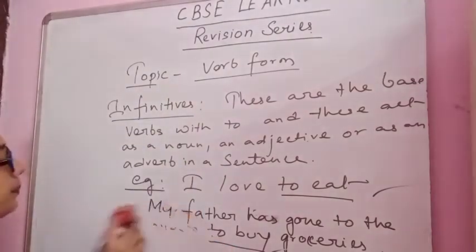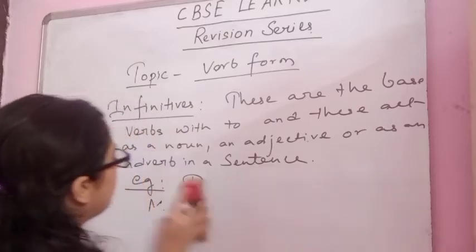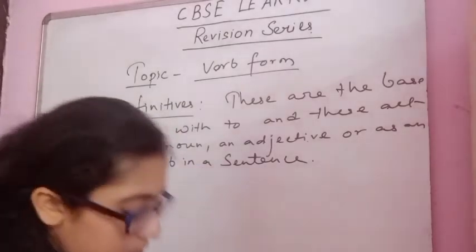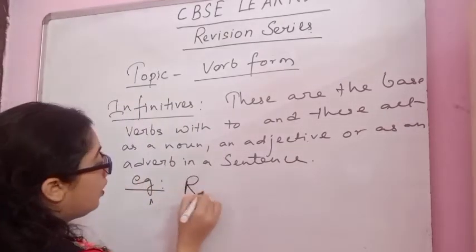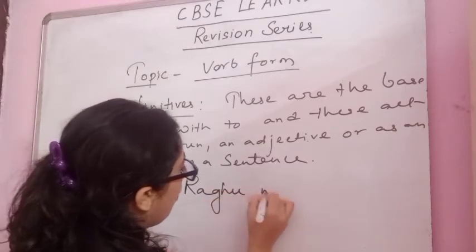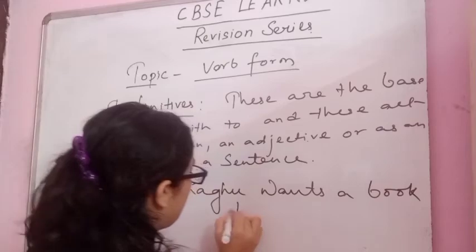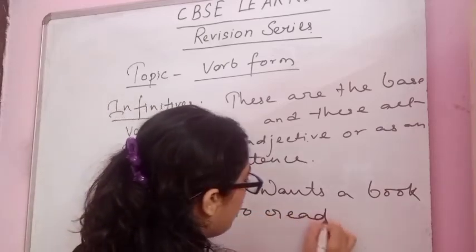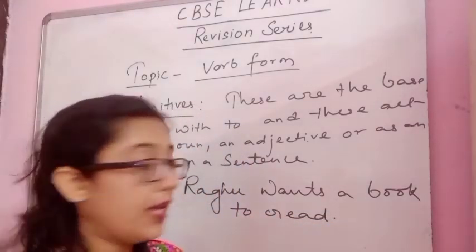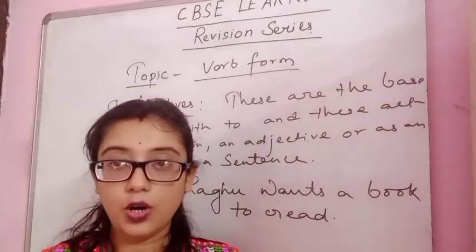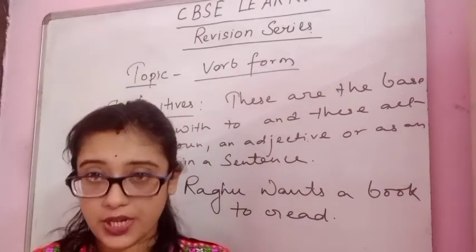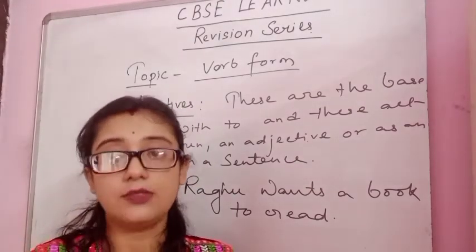Now I will give you one more example. Raghu wants a book to read. To do what? To read. So here he wants a book to read. That means the word read is related with the book.